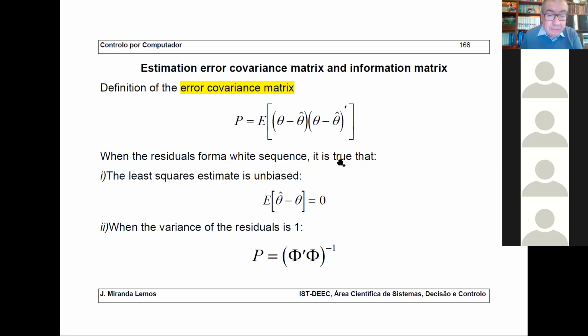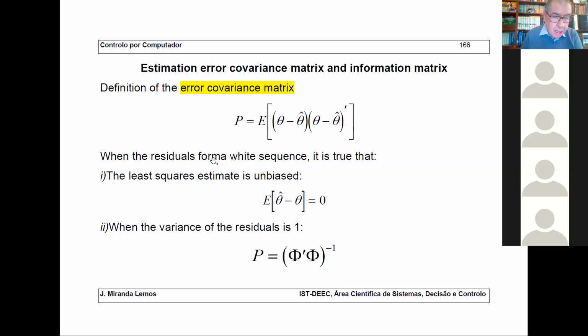When I speak here of deviations, they are the deviations of the parameters, not of the output. Okay, so in the diagonal I have the squares of the estimation errors, and off the diagonal, I have the elements which are the cross correlation of the errors of estimation.